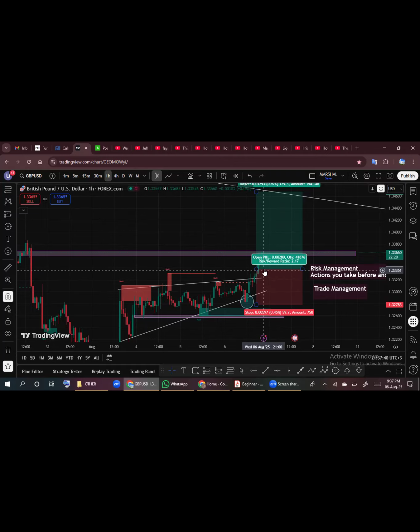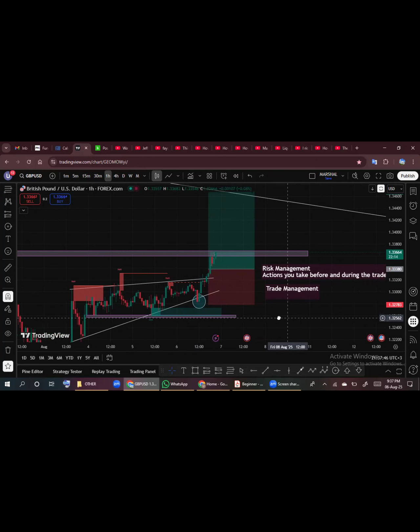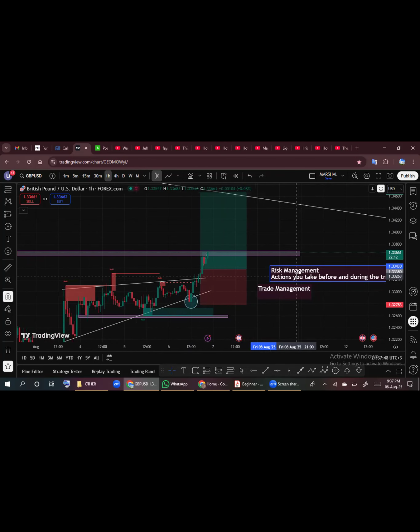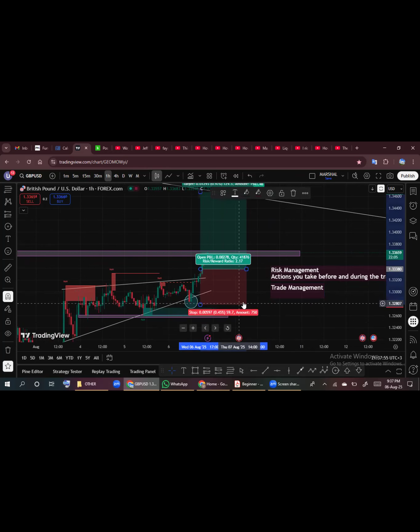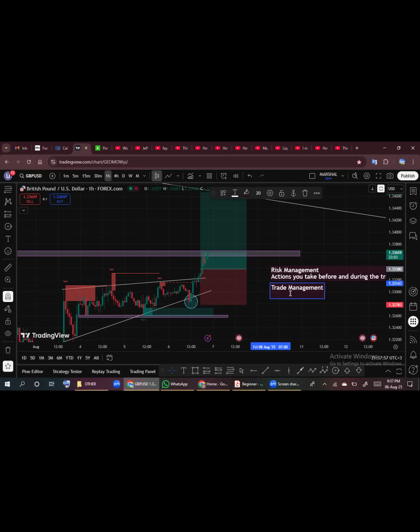As this trade has moved in my favor so far, what I need to do is to trail the stop loss or break even, whichever one. So under this trade management, you have the break even rule and the stop loss trail.